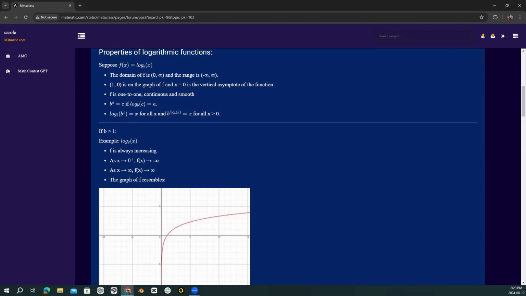And f is 1 to 1, continuous and smooth. 1 to 1 is essentially like for every x value there is only going to be one output value, which is why it says 1 to 1. 2 to the power of 3 is 8.